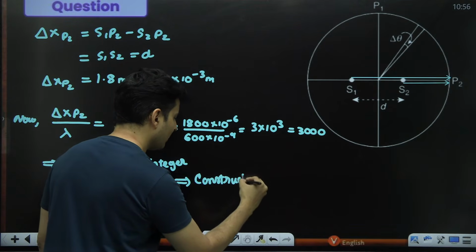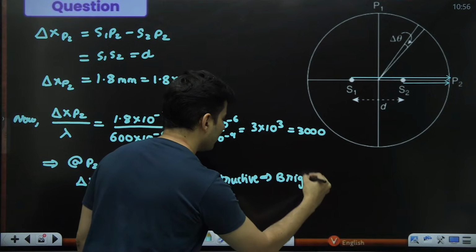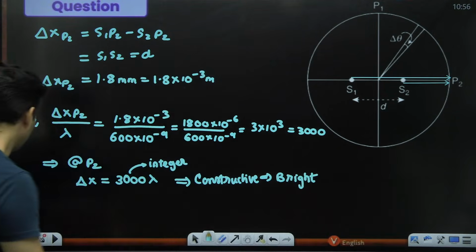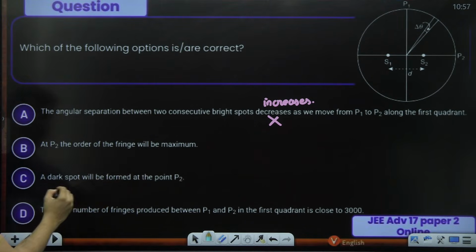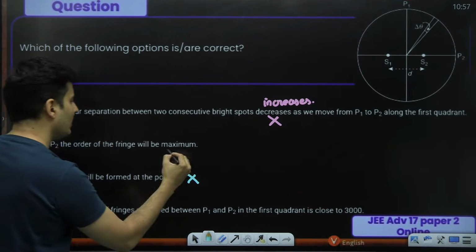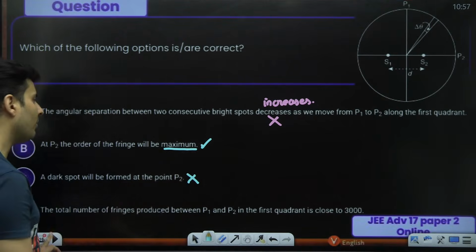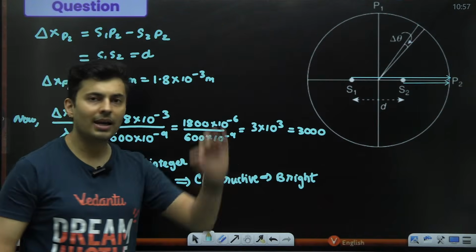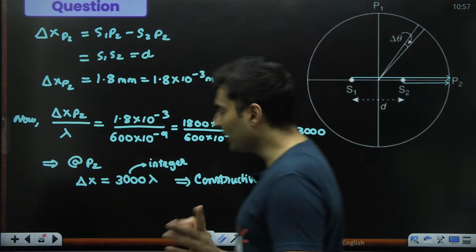That means that particular spot will be bright. So the order of the fringe will be maximum. The dark spot, no, definitely. Yes, this is definitely correct. Maxima or bright or constructive, everything is the same thing. Is that correct, everyone? Okay.